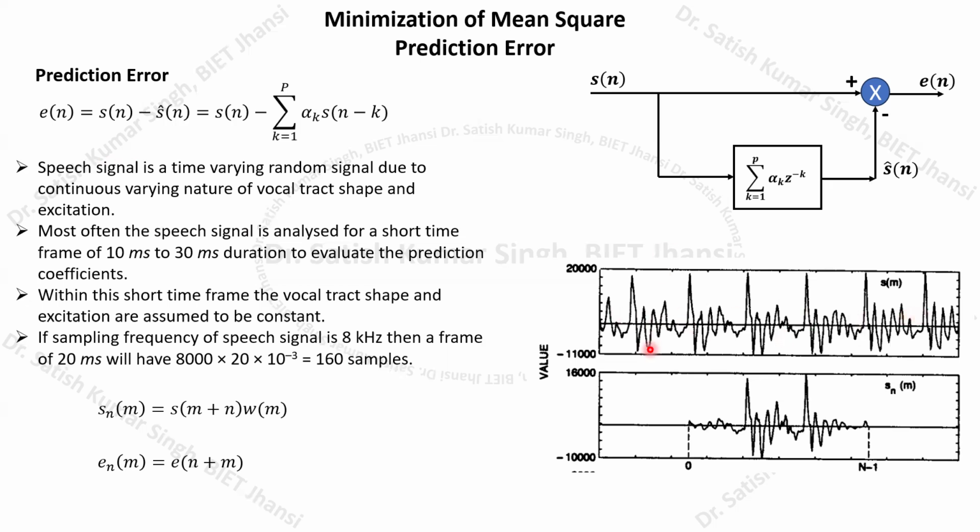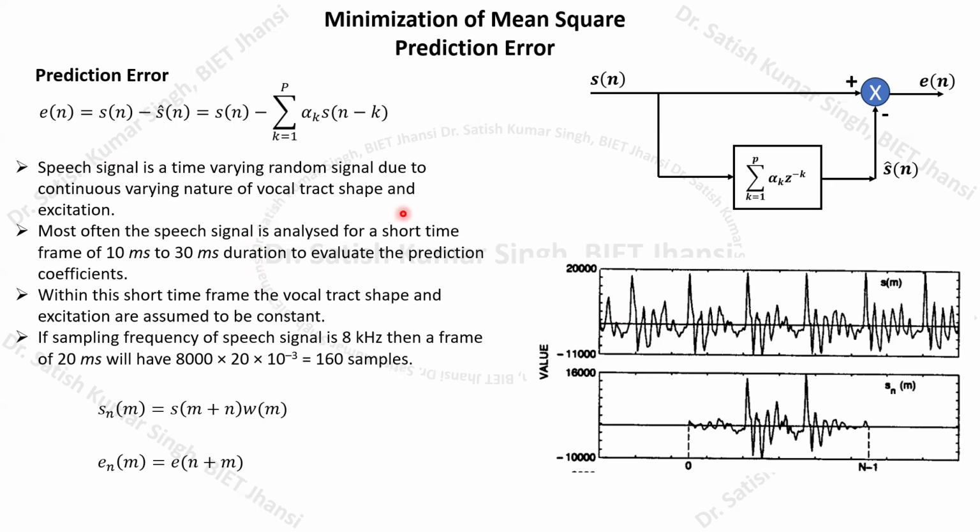In speech signal processing, the speech signal is considered a stationary signal for a smaller time duration, such as 10 milliseconds to 30 milliseconds. In such durations the vocal tract shape or excitation of the speech signal is not changing, and therefore the signal can be considered stationary.